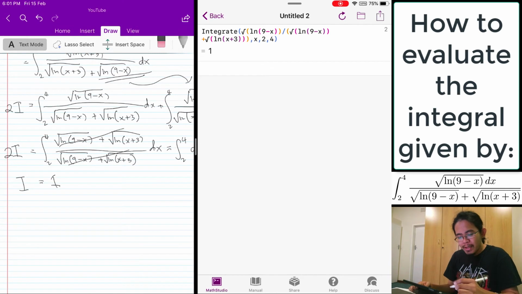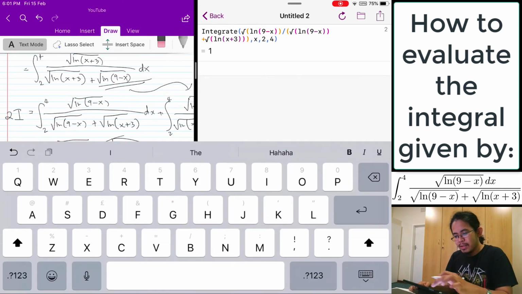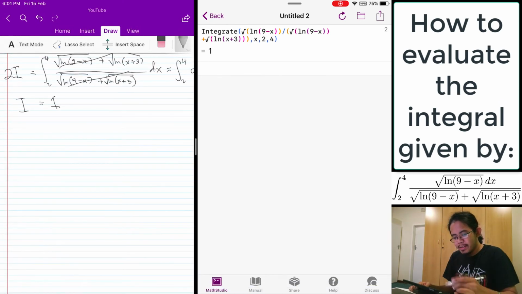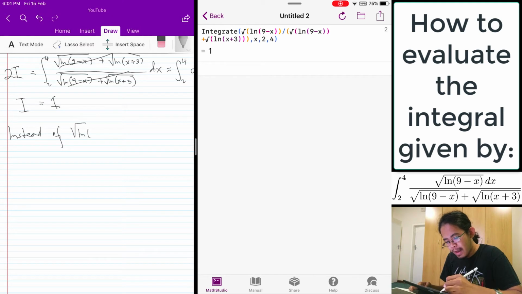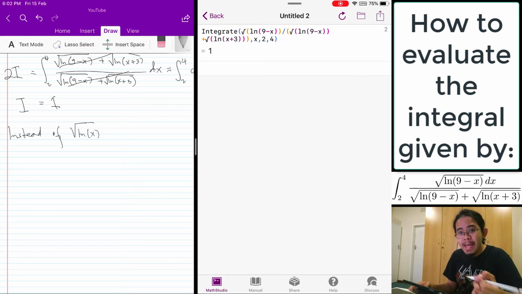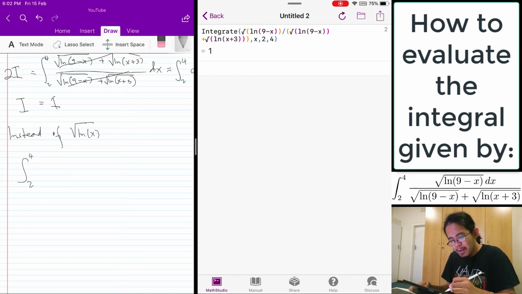So in other words, we can go crazy. Let's write it here. Instead of our function being just of the form square root of ln of x, we claim that you can use the same technique for an integral from 2 to 4 of any function of the form f of 9 minus x over f of 9 minus x plus f of x plus 3 dx.